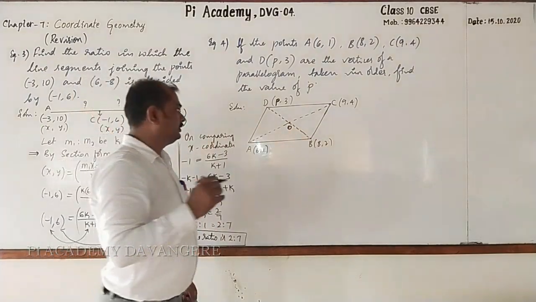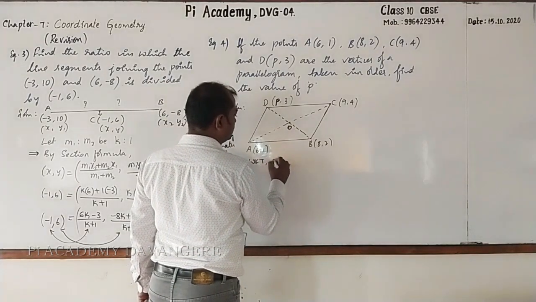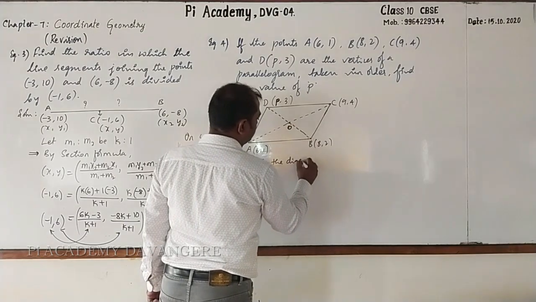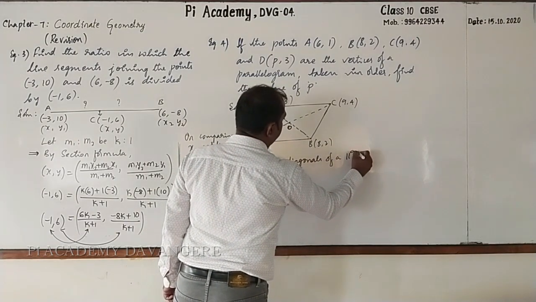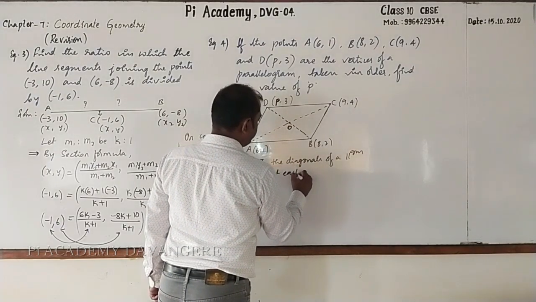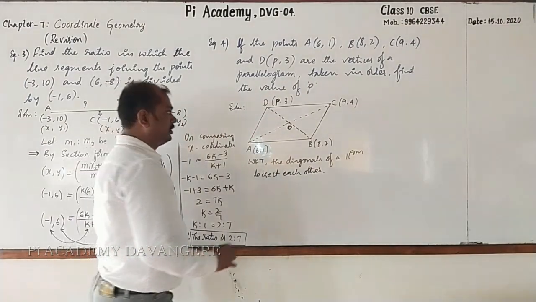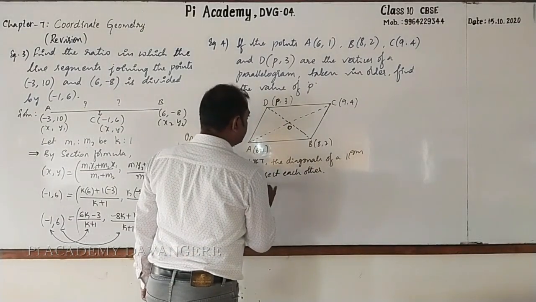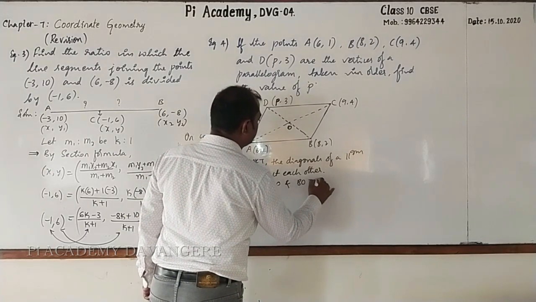Clear? Yes. Right. We know that the diagonals of a parallelogram bisect each other. That is, here AO equal to CO and BO equal to DO.